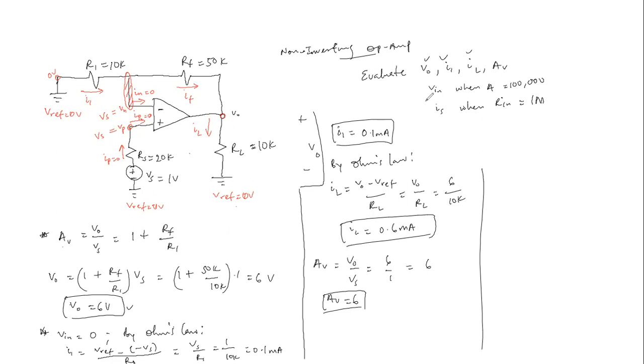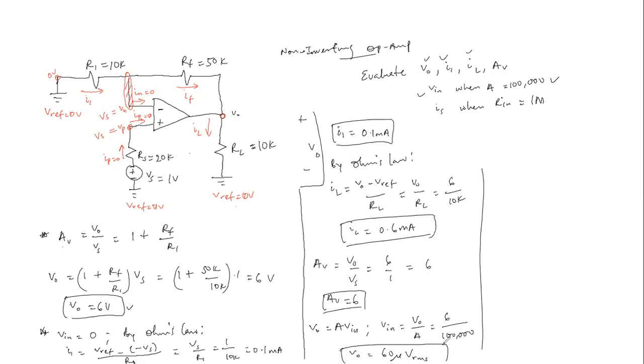Now for us to estimate V in, recall that V naught is the same as A V in, right? Such that V in is the same as V naught divided by A. We already have the open loop gain to be 100,000, so that will be 6 divided by 100,000. So V in in this case will be 60 microvolts root mean squared.